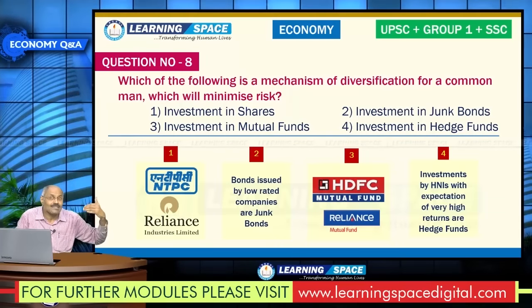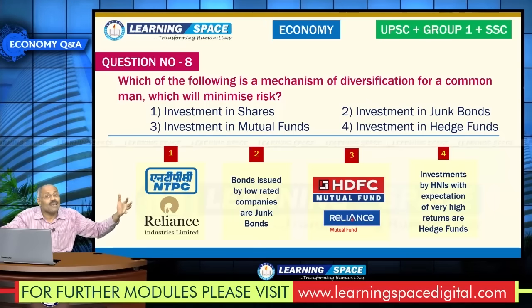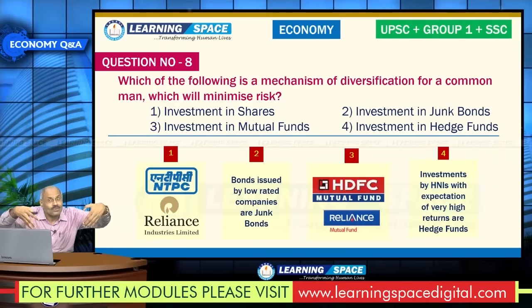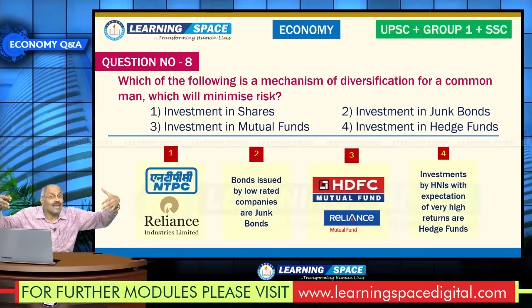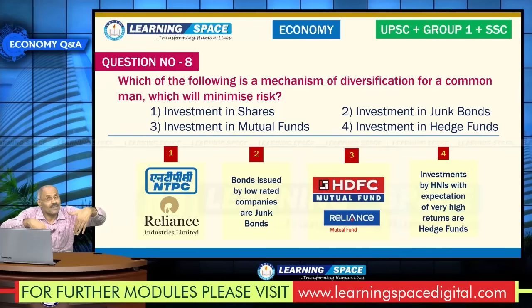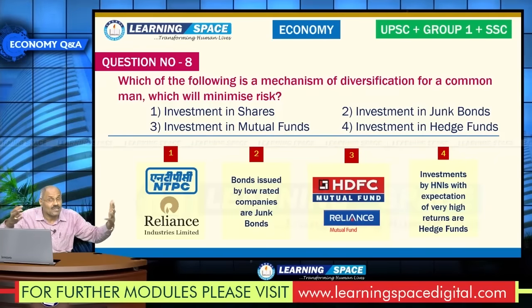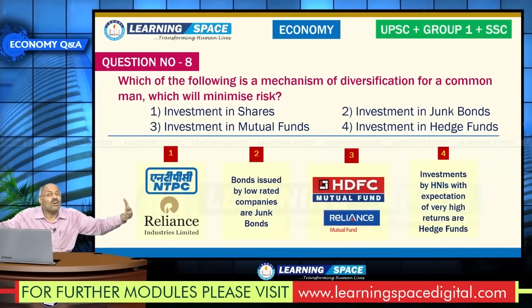Which of the following is a mechanism of diversification for a common man which will minimize risk? Diversification will reduce risk. So, here investment in mutual funds is an example of diversification. Investment in shares will involve a lot of risk. And investment in junk bonds.